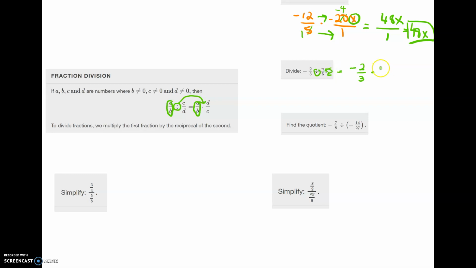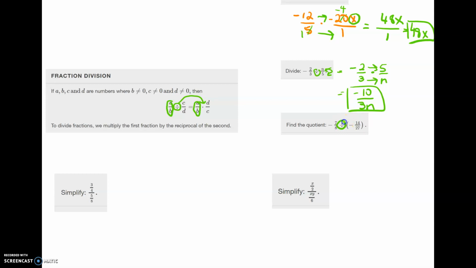So I now have 5 over n. And then I just do, again, top with top, bottom with bottom. So I have negative 10 over 3n. I cannot simplify, and so that would be my final answer. Pretty straightforward.